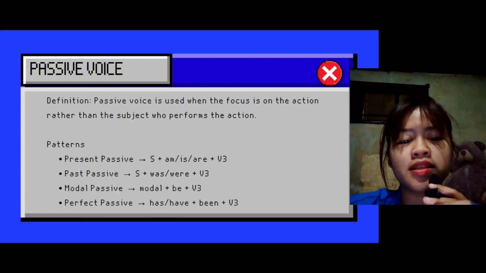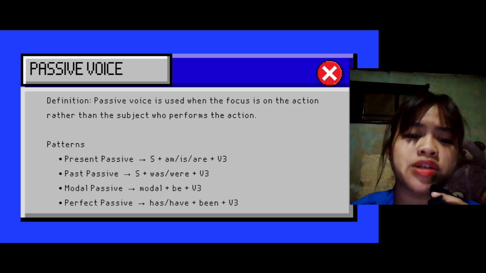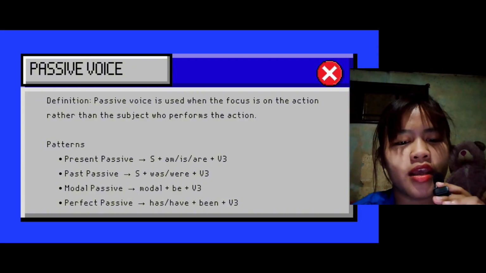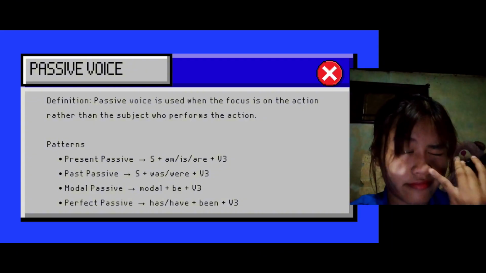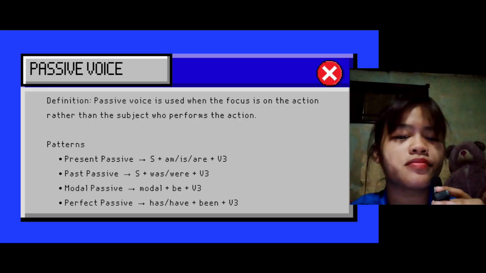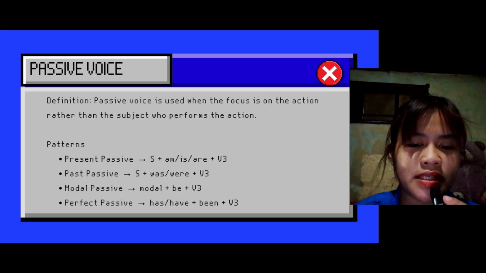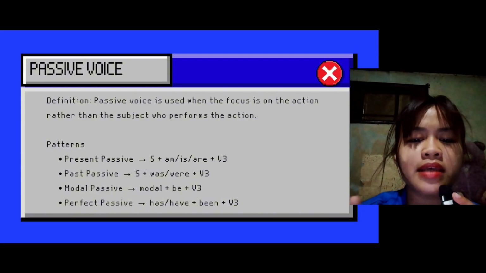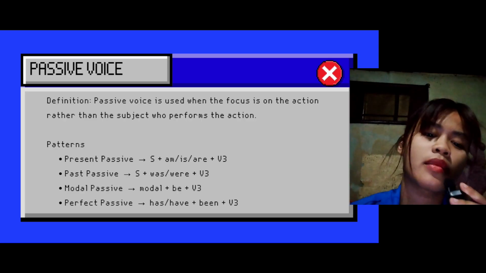First things first, I'm going to explain the passive voice definition. Passive voice is used when the focus is on the action rather than the subject who performed the action. And for the pattern, present passive is subject plus am, is, or are plus verb 3.